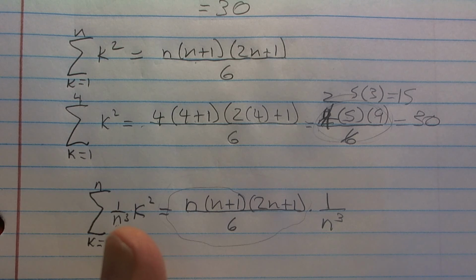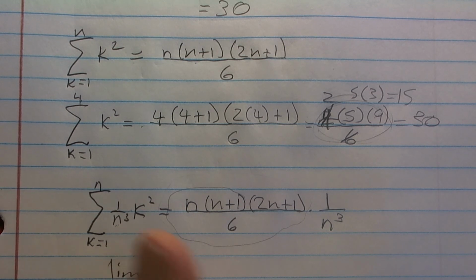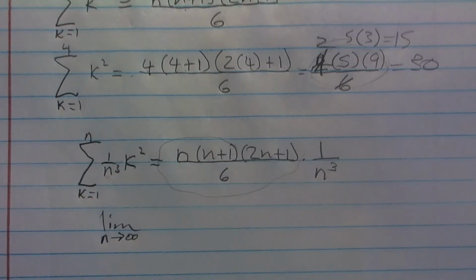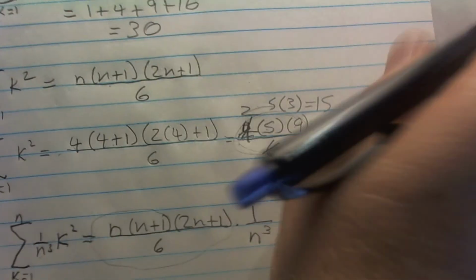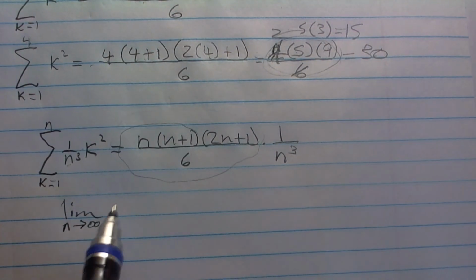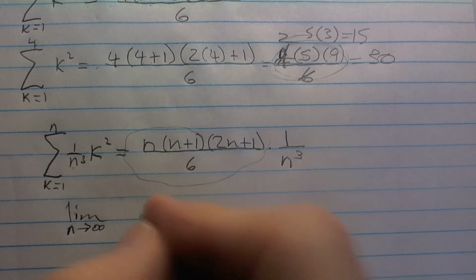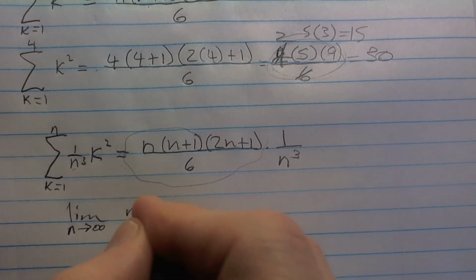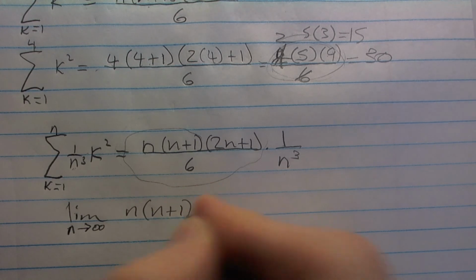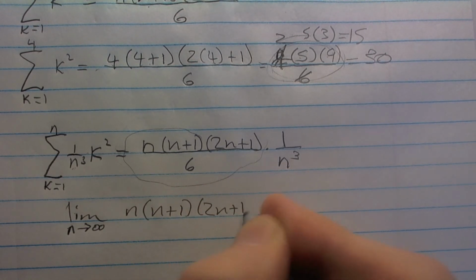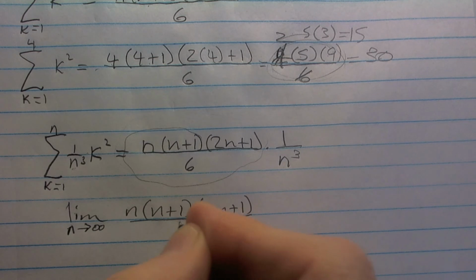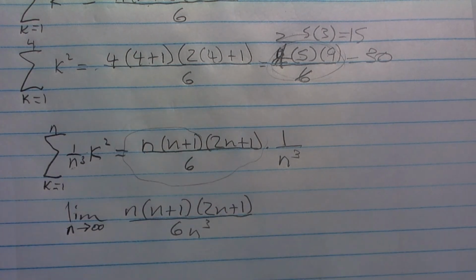So now, we're about done here, and you're going to behold something truly spectacular. We have the limit as n goes to infinity of n times n plus 1, 2n plus 1, over 6n cubed.